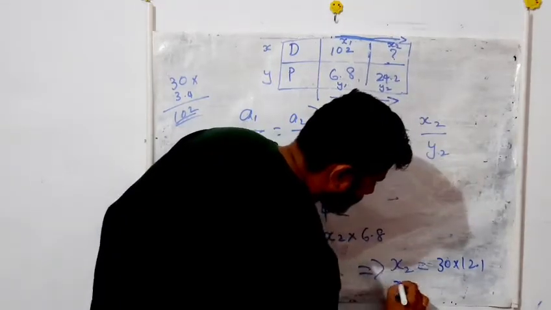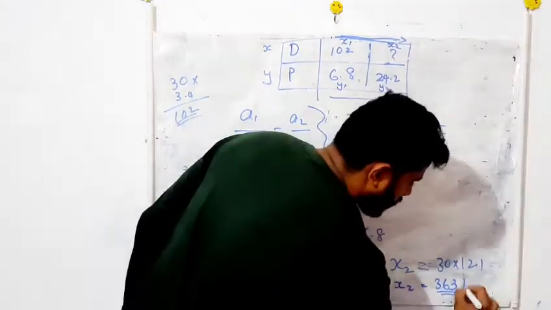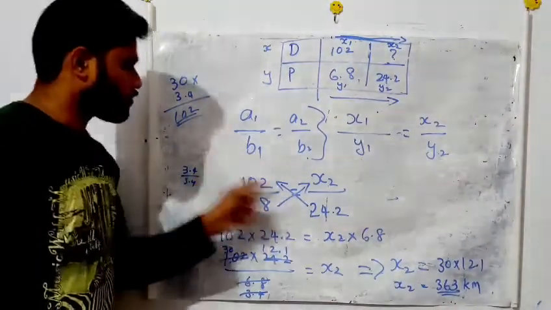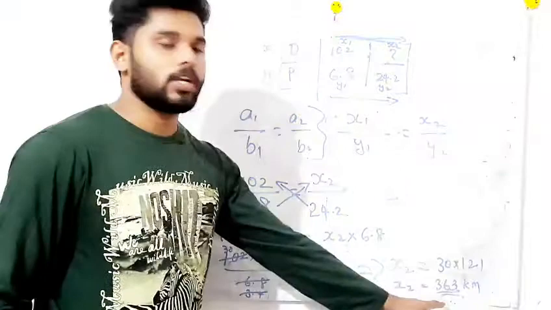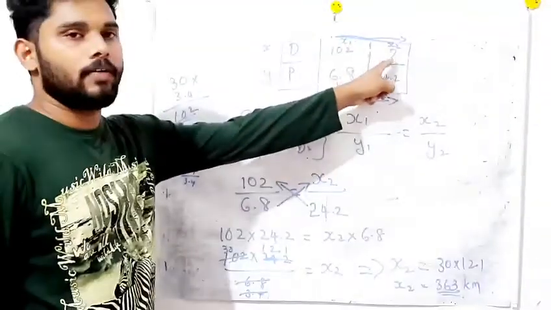You will get x2 which is equal to 363 kilometers. Understood? If you cross multiply, you will get 363 kilometers. That means x2, how much distance the car will cover? 363 kilometers.